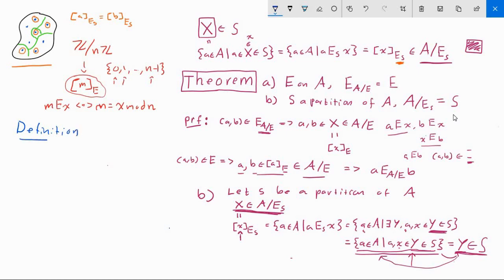To be more formal about what I'm saying, I'm going to make the following definition.